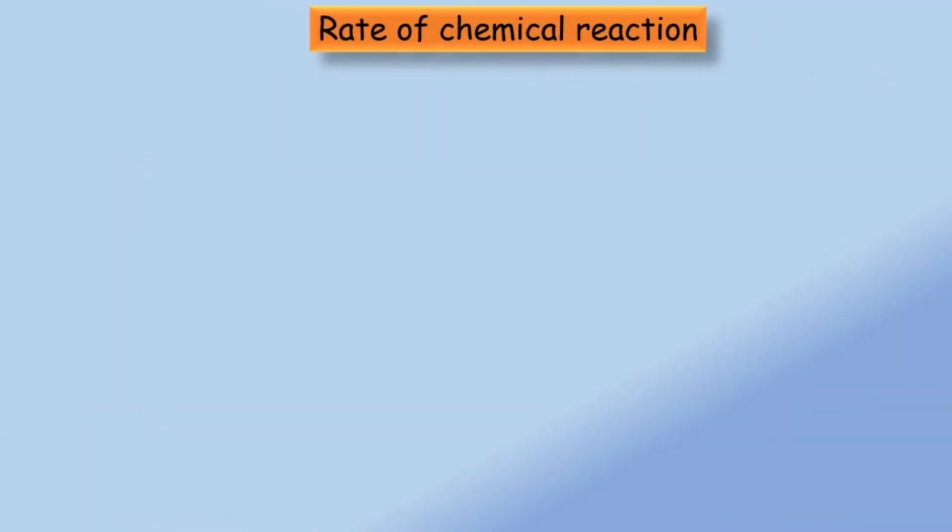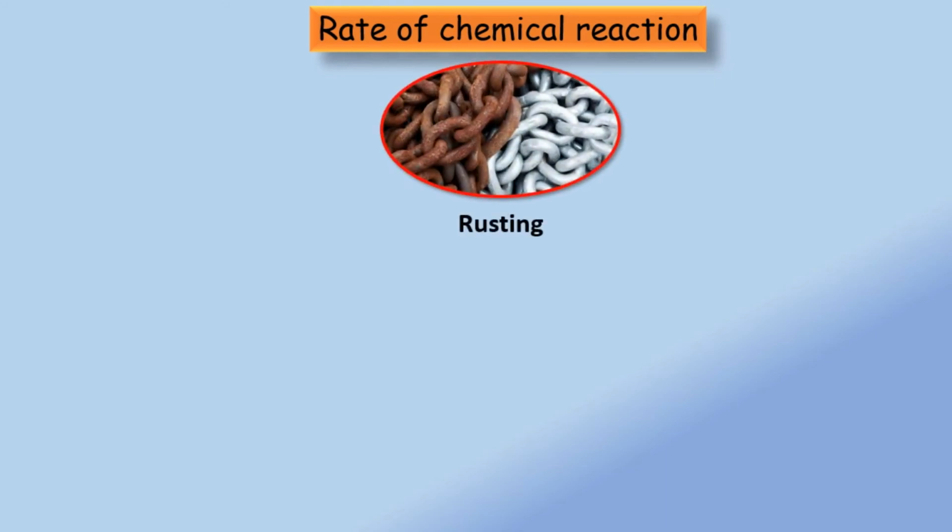We see various types of chemical reactions in our day-to-day life. For example, rusting process. An iron article gets rusted when it comes in contact with oxygen and water, but this is a very slow process which takes several days to complete.